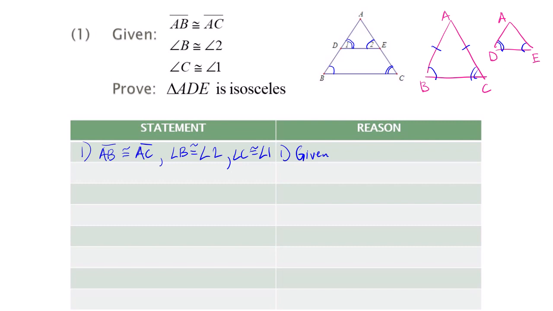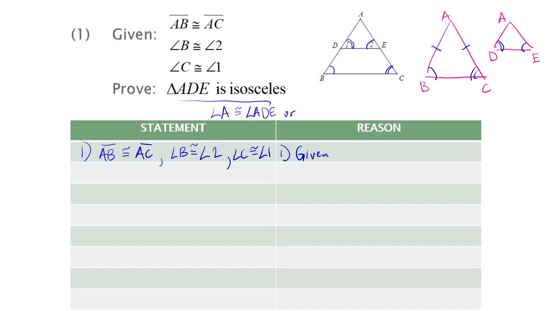So when we're trying to prove that triangle ADE, this triangle here, is isosceles, for it to be isosceles, that means that angle A has to be congruent with angle ADE, right?